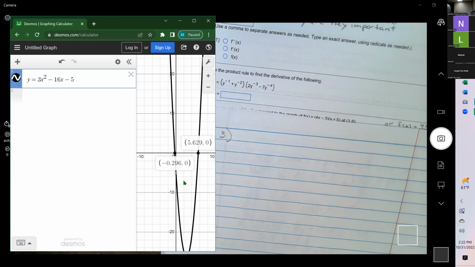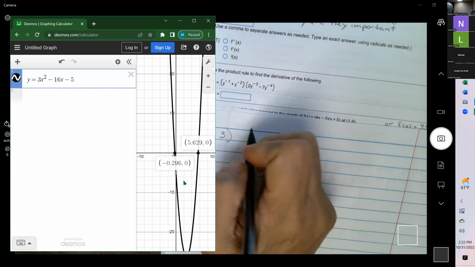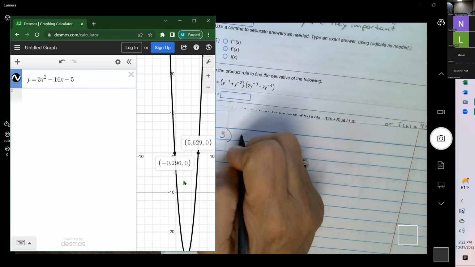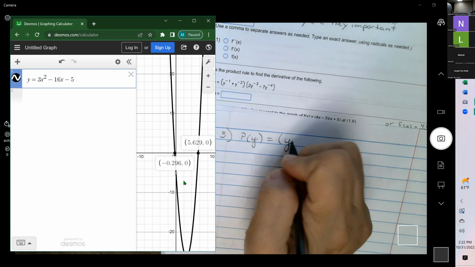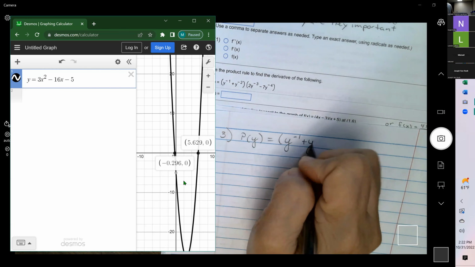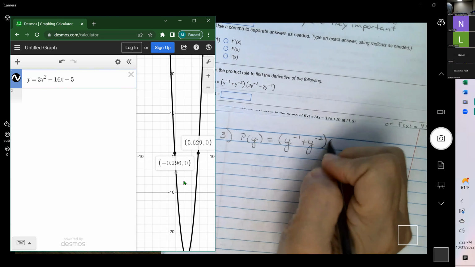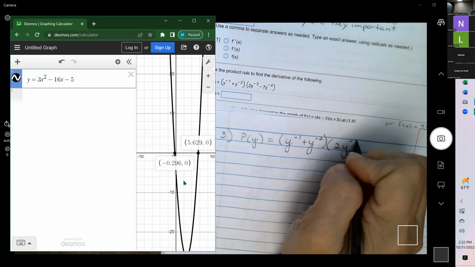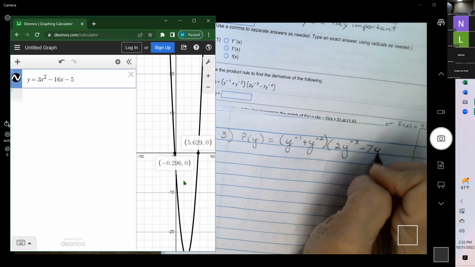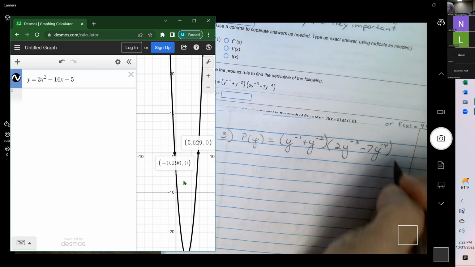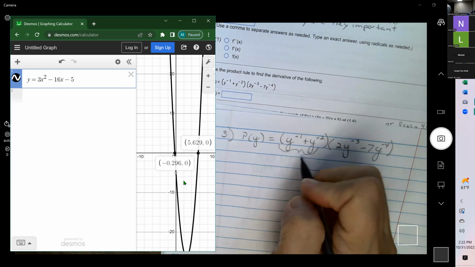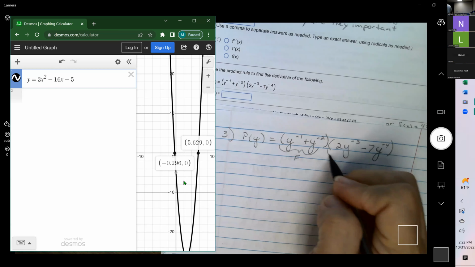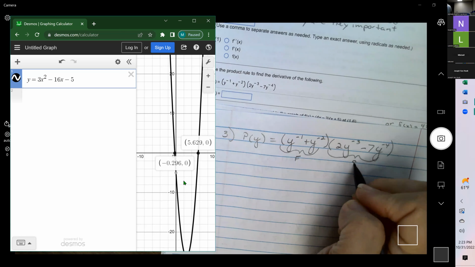Use the product rule to find the derivative of the following. So remember, product rule. Let me write it down first. For product rule, we break it into the first one and times the second one.